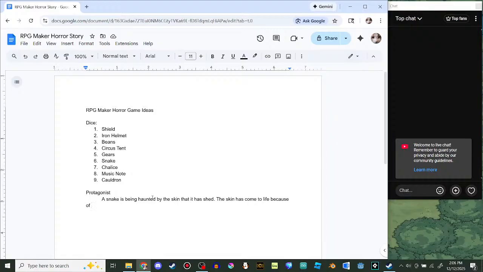I feel like the shield and the iron helmet could be combined to form some kind of enemy. This isn't a half of my brain that I use very often anymore, so it's a little difficult for me to write a story.